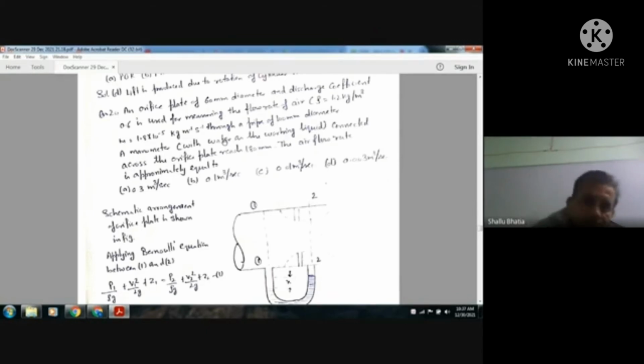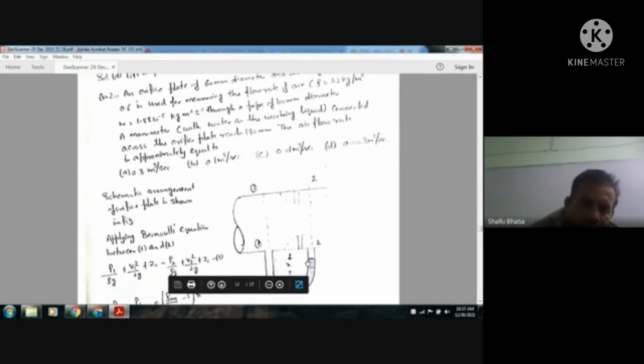Okay, so this is the orifice plate. Here this is the minimum cross section, and here the U tube is attached. Now at section 1-1, this is the minimum cross section area.